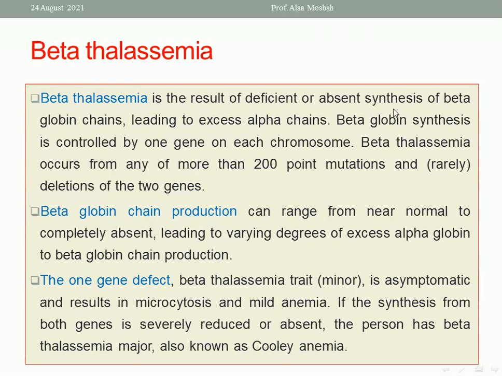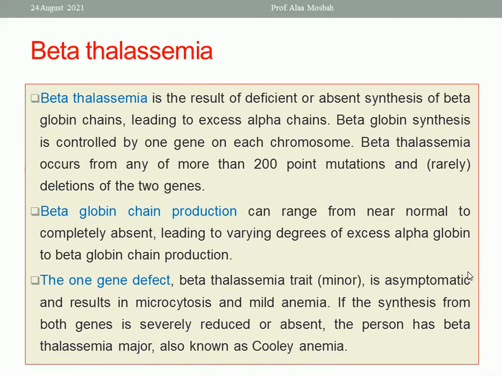What about beta thalassemia? Beta thalassemia is the result of deficient or absent synthesis of beta globin chains, leading to excess alpha chains. Beta globin synthesis is controlled by, as I mentioned before, 1 gene on each chromosome.